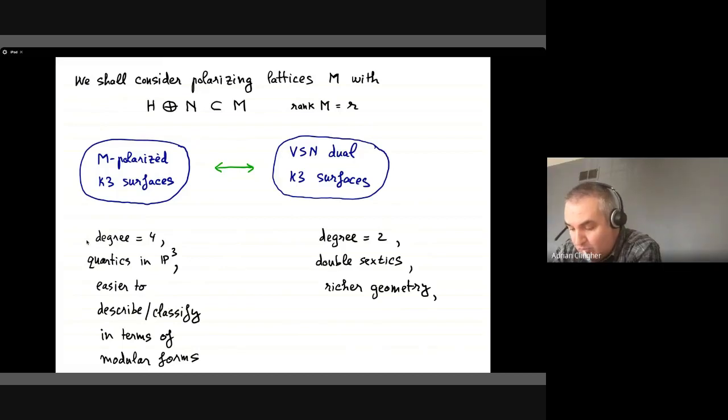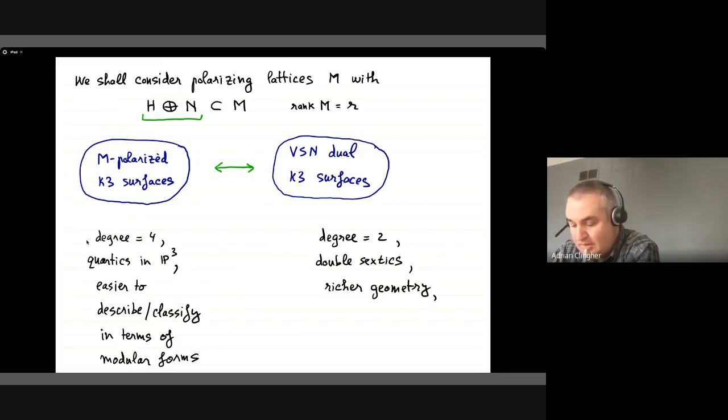What this duality says, the one I was just trying to explain, is that if we look at the K3 surfaces that have this rank 10 lattice polarization, a polarization of this type, capital H plus the Nikulin lattice, then there is a natural involution on the moduli space here. But the moduli space is still 10-dimensional.